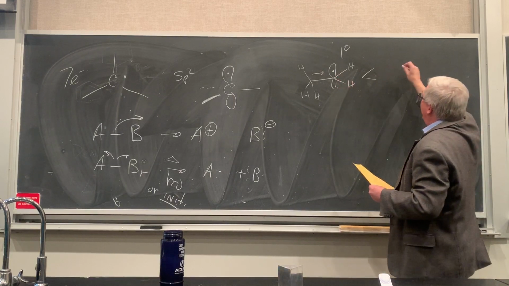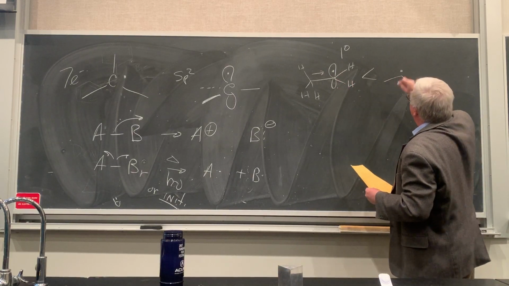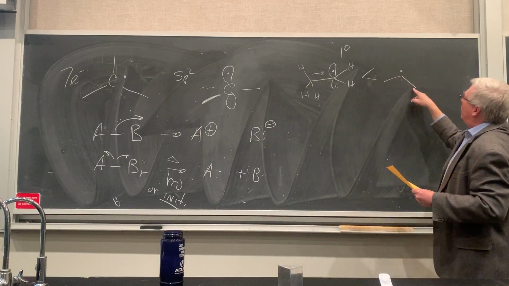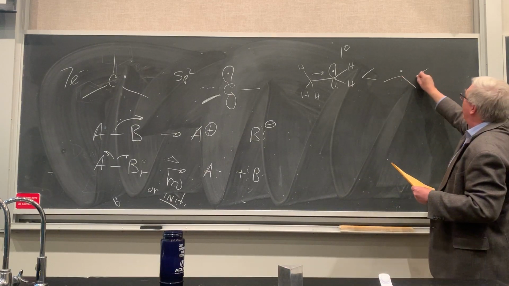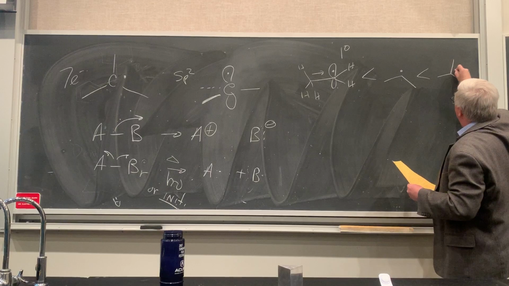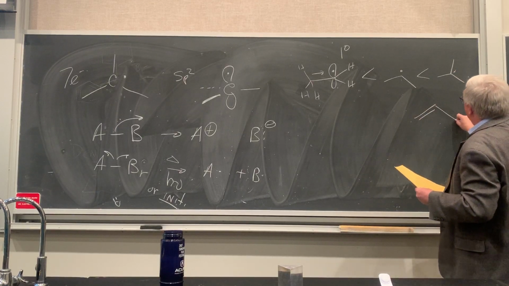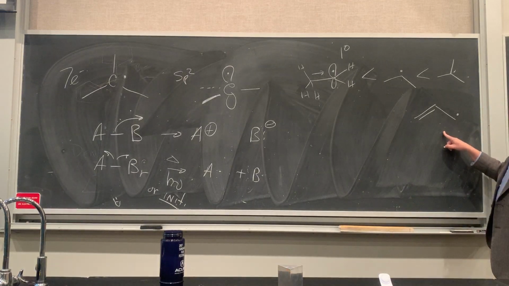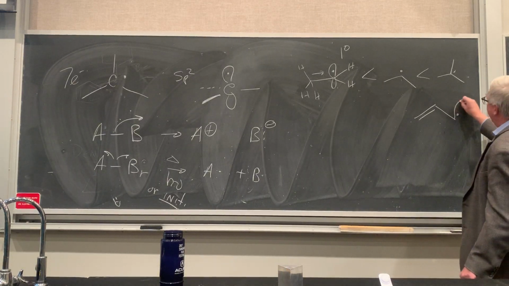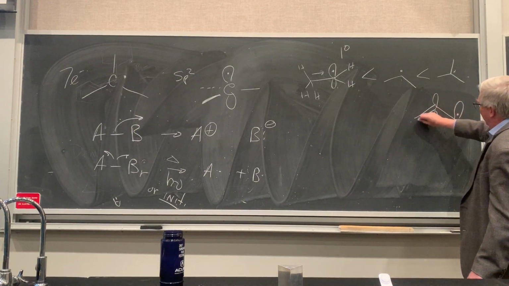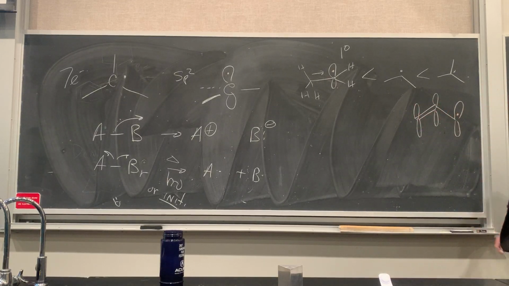Okay? And then a secondary radical would look like that. It's more stable because there's 2 alkyl groups stabilizing that, and a tertiary radical is the most stable one. Okay? And we've also got allylic radicals, which are also very stable due to resonance. So you can imagine here, empty p orbital here, 2 p orbitals for the pi bond, and of course we could easily resonate these together, right?